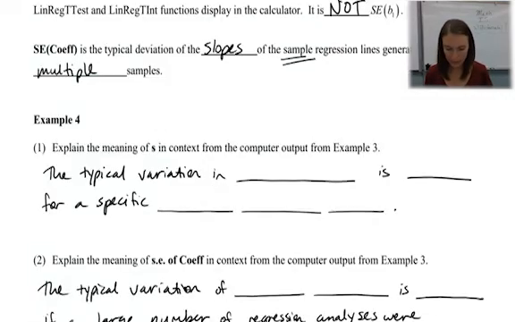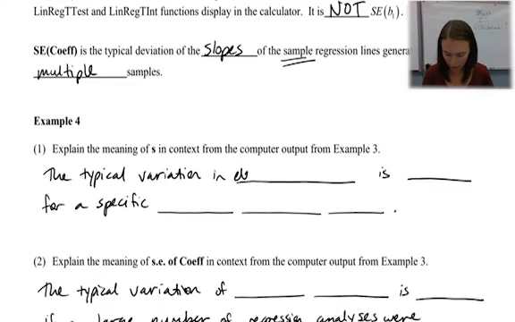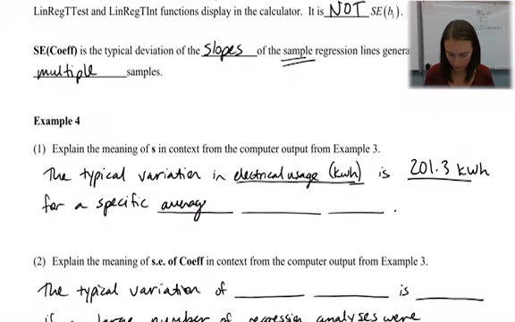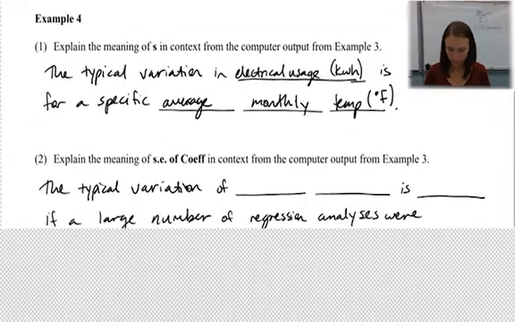What that means is the typical variation in electrical usage in kilowatt hours, our Y value, is 201.3 kilowatt hours for a specific average monthly temp in degrees Fahrenheit, so for a specific X value.